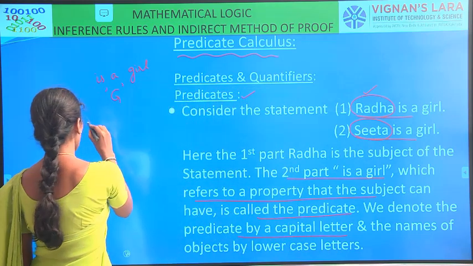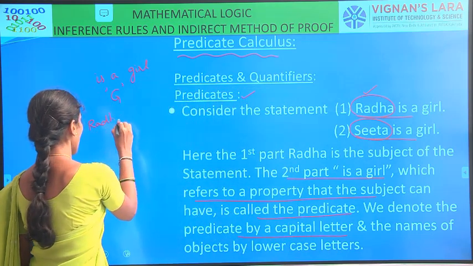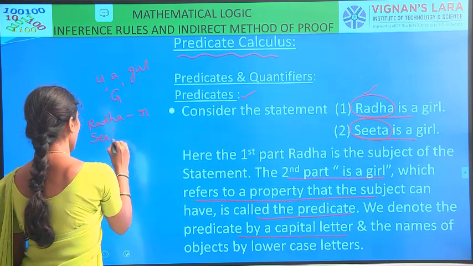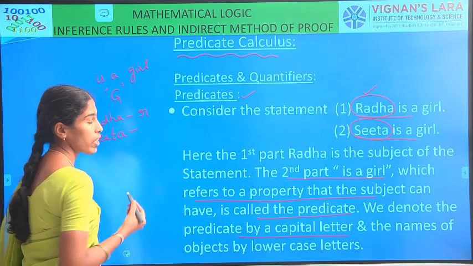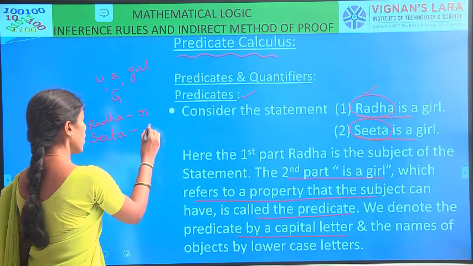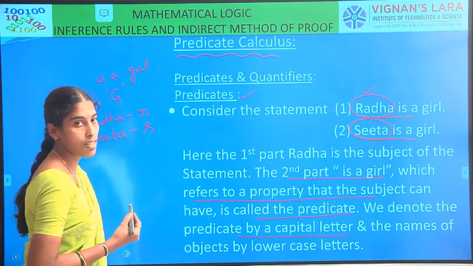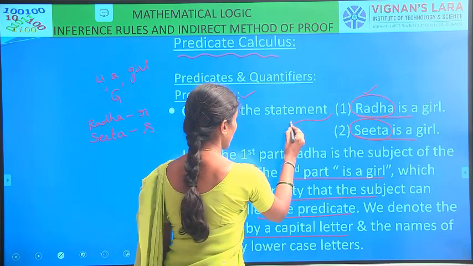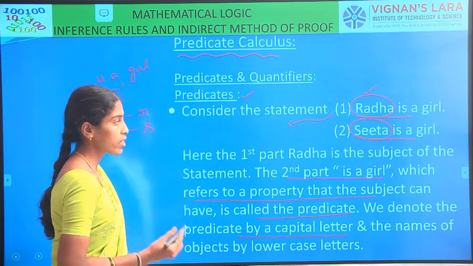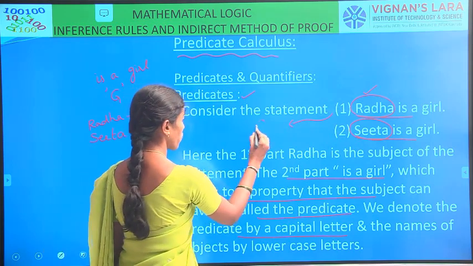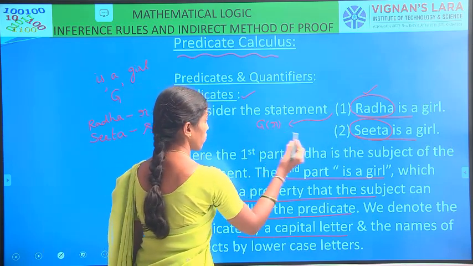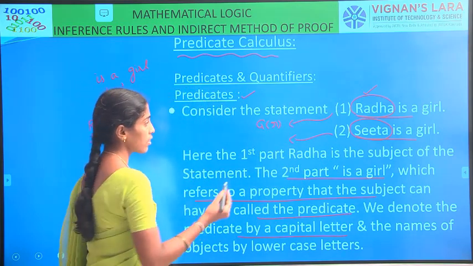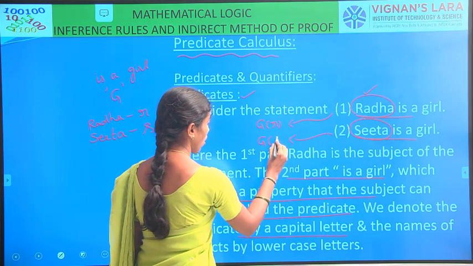It is denoted by a lowercase letter, small r. Similarly, in the second sentence, we have the subject name Sita, which is denoted by a lowercase letter, small s. So, the first sentence, using predicate calculus, we represent it by G of r. In the second sentence, Sita is a girl is denoted by G of s.